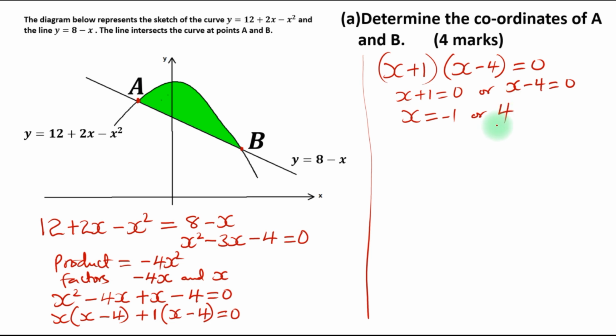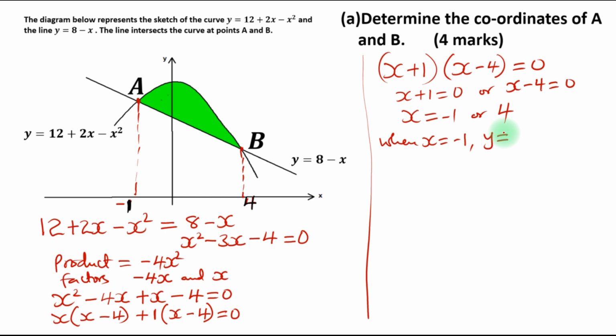And therefore, for A, the minimum value of the x coordinate will be minus 1. For B, the maximum value of the x coordinate will be 4. So to get the coordinates of A, when x is minus 1, what will be y?